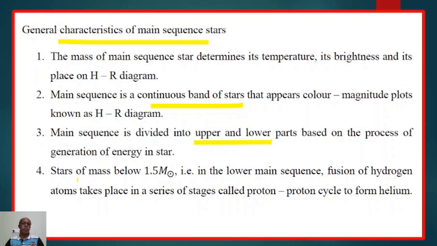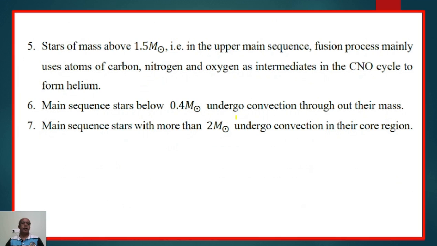For stars of mass below 1.5 times the solar mass, fusion of hydrogen takes place in a series of stages called the proton-proton cycle. And for stars of masses above 1.5 times the solar mass, which lie in the upper sequence, fusion takes place with the help of intermediate atoms, carbon, nitrogen, oxygen, through the CNO cycle to form helium.